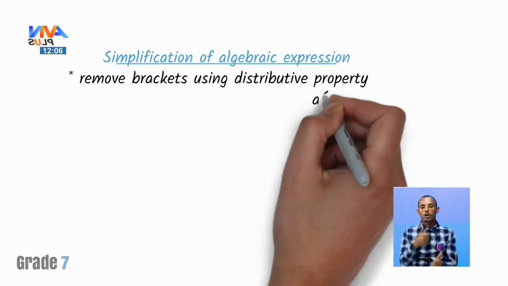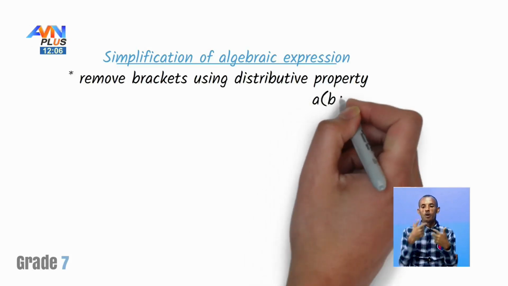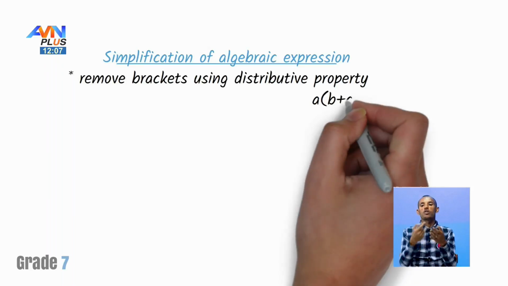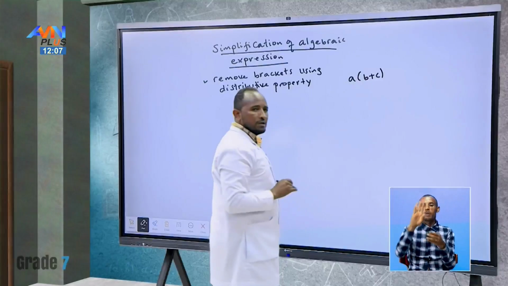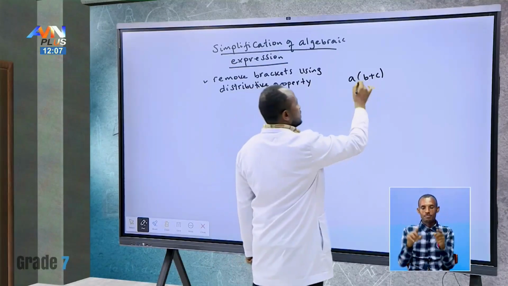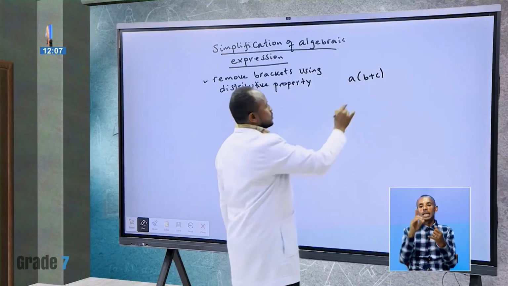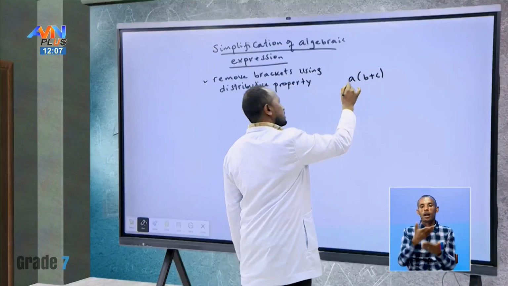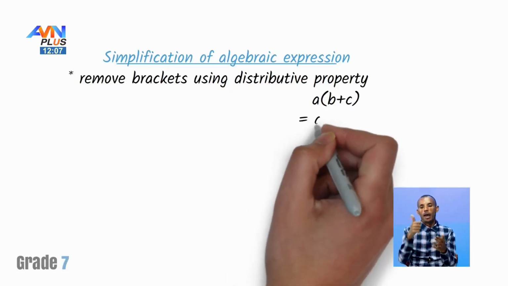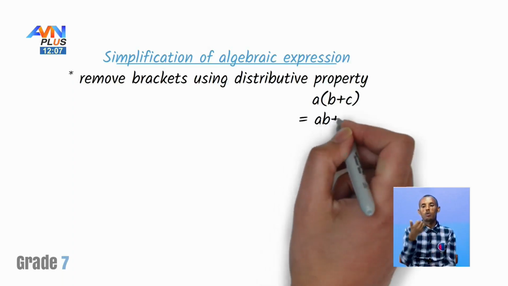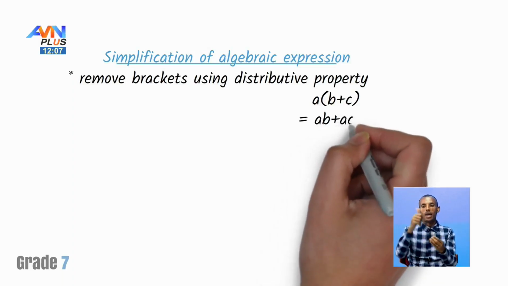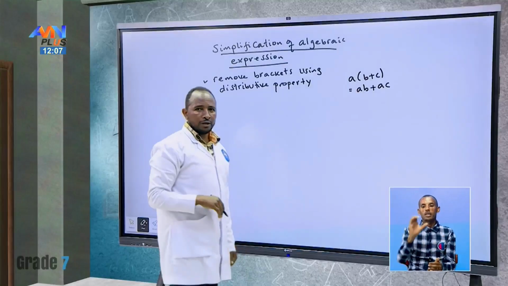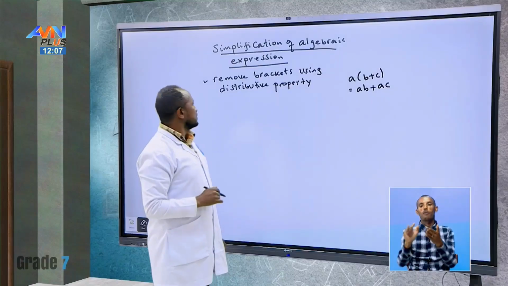Which means if you have this form A times (B plus C), using the distributive property you can remove the bracket. So this becomes A times B, AB, plus A times C, AC. This is the first step, if you have a bracket.